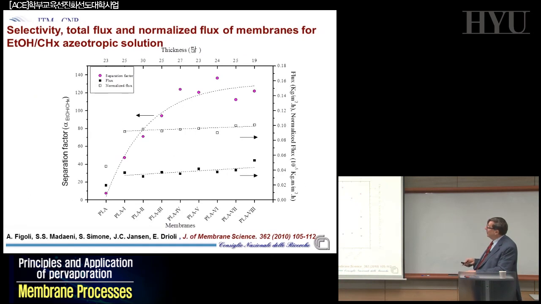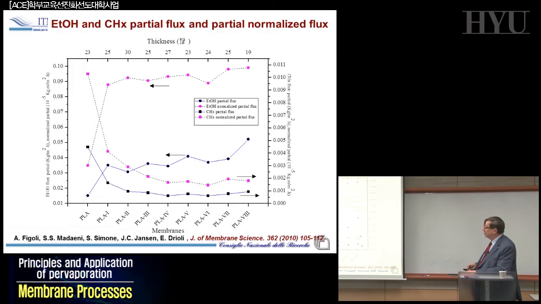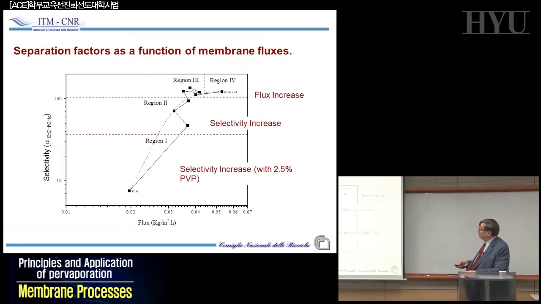And there is a lot of this data in the literature, and we are still quite active in these things. And Dr. Figoli is the one that is preparing most of these membranes. He will maybe be here in October to discuss how to realize some of these membranes in your lab.